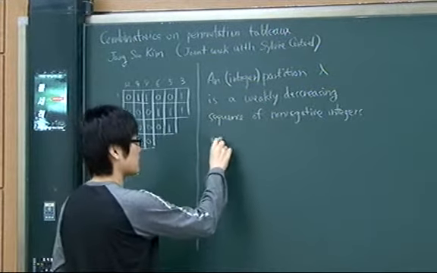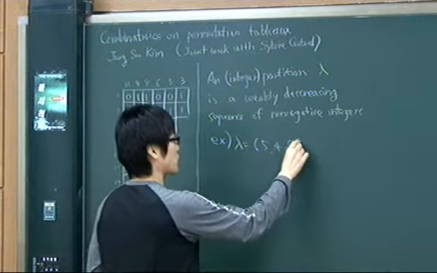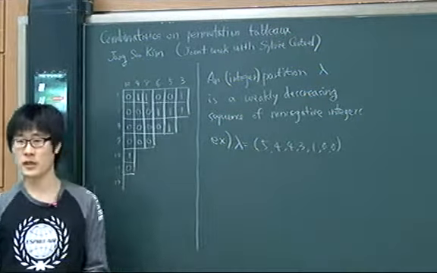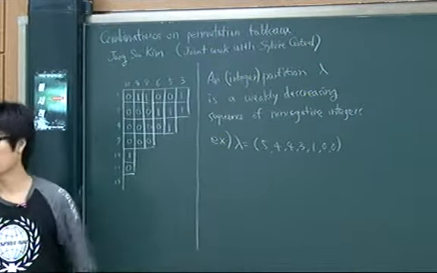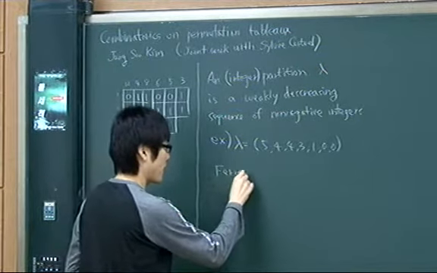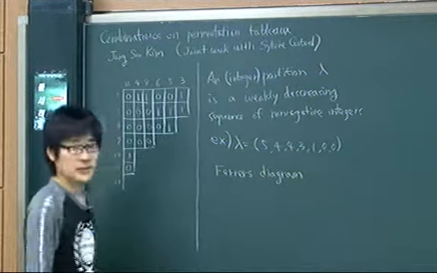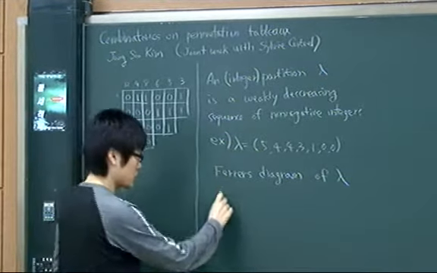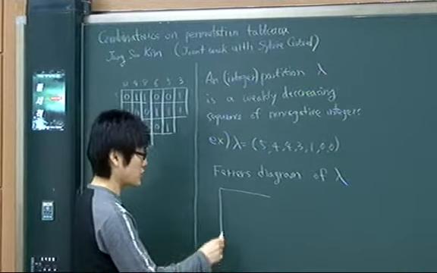For example, 5, 4, 4, 3, 1, 0, 0. This is an example of a partition, and we can identify a partition in terms of the so-called Ferrers diagram. The Ferrers diagram of lambda is a left-justified arrangement of square cells.